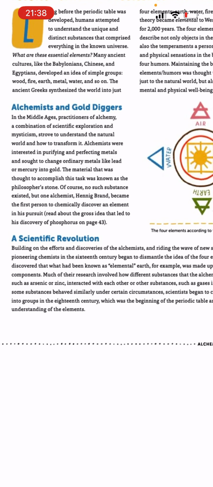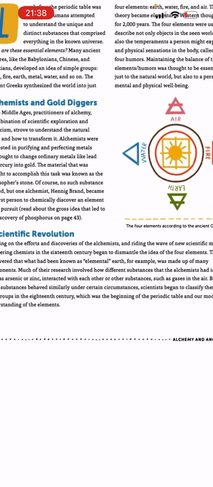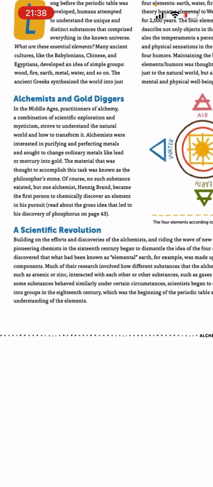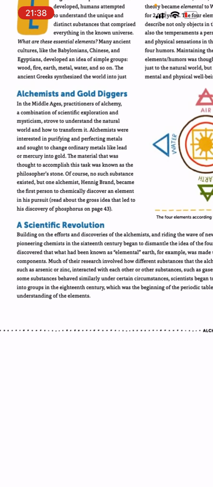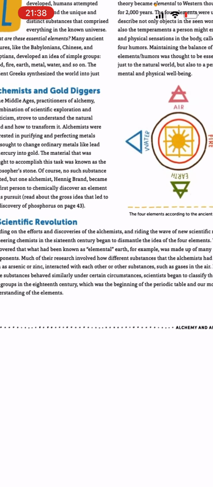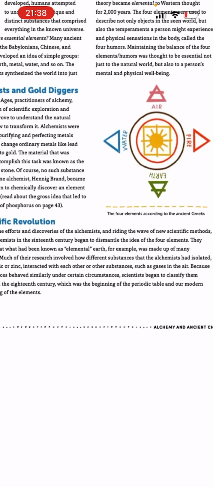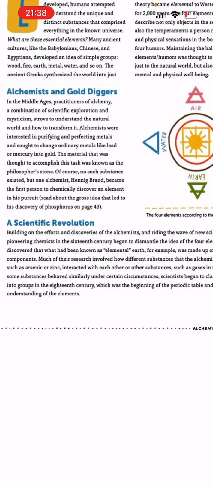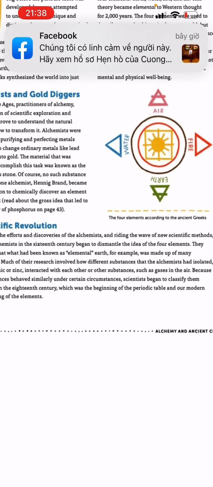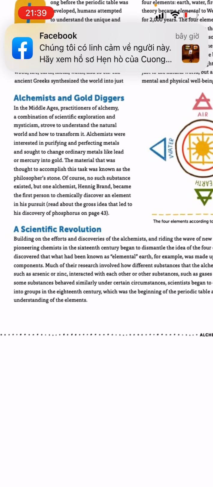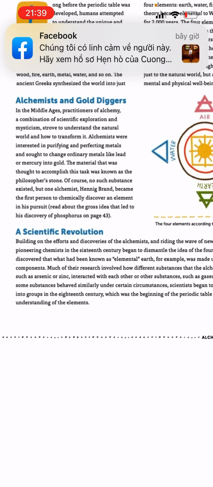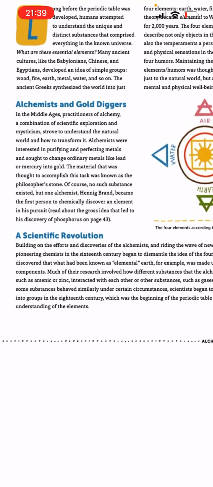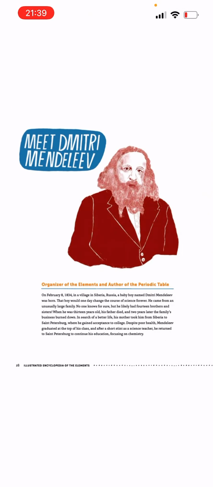Much of their research involved how different substances that the alchemists had isolated, such as arsenic or zinc, interacted with each other or other substances, such as gases in the air. Because some substances behaved similarly under certain circumstances, scientists began to classify them into groups in the 18th century, which was the beginning of the periodic table and our modern understanding of the elements.